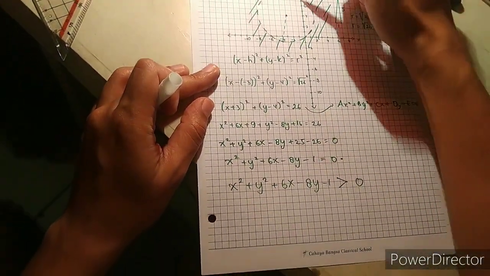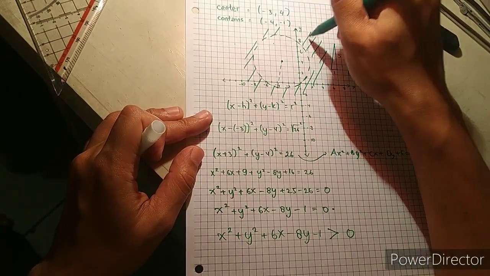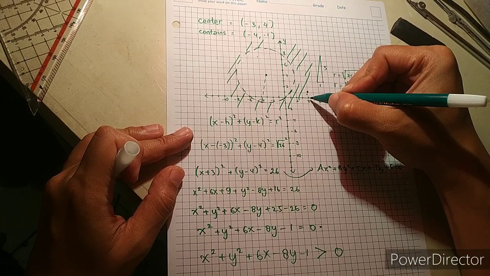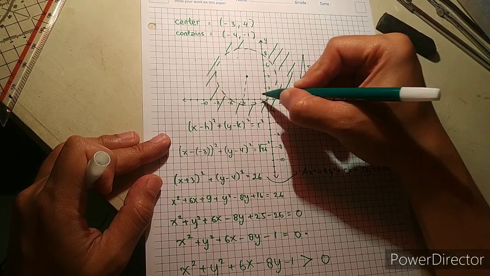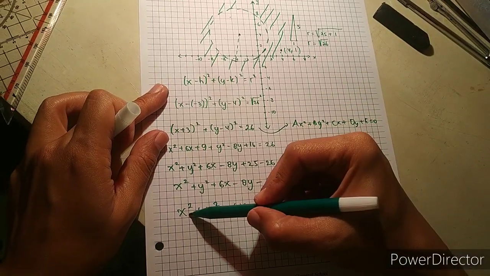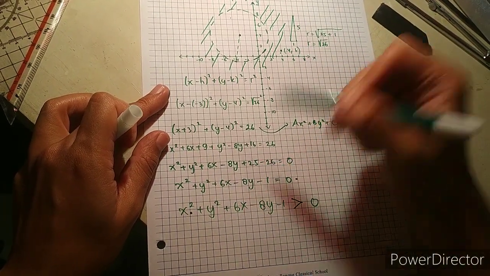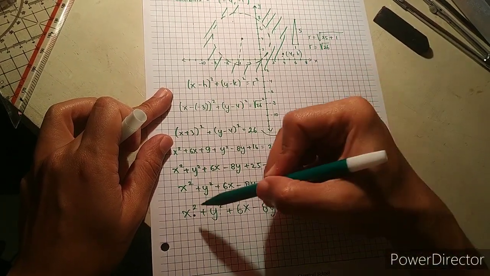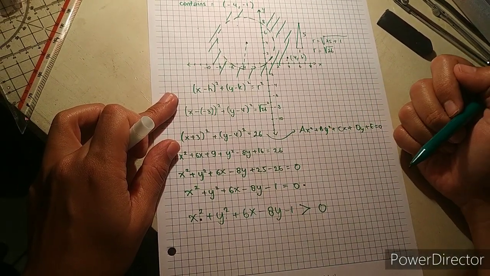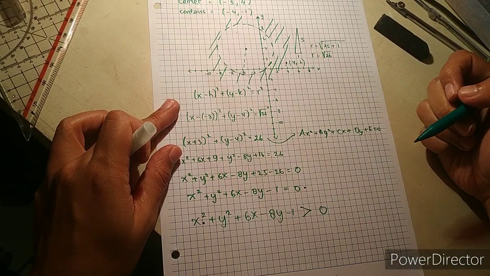It means if you pick any coordinate outside the circle, for example this one, coordinate 4, 1, and put x equals 4 and y equals 1, the inequality will be valid. It will satisfy the inequality.